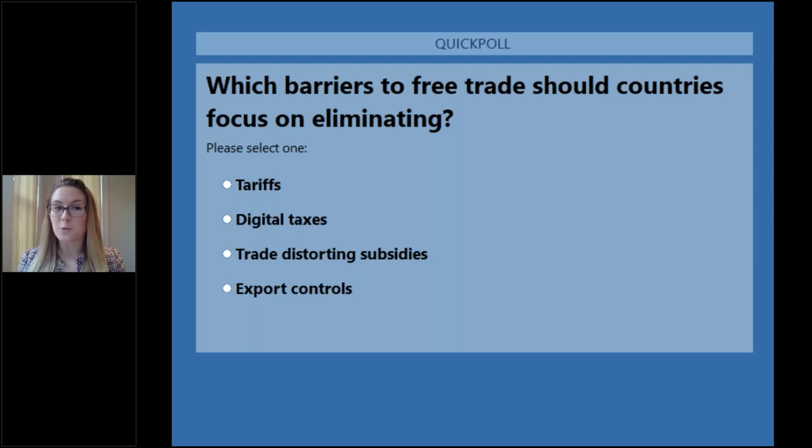The question is, which barriers to free trade should countries focus on eliminating? While this is not an exhaustive list by any means, the options are tariffs, digital taxes, trade distorting subsidies, and export controls. Please make sure to submit your answers now. And we'll be touching on many of these during our discussion with our great panelists coming up.